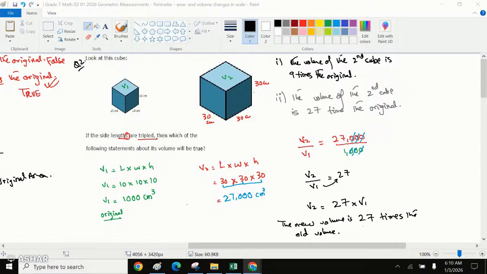Volume 2 compared with volume 1 comes out to be 27 times, right? So the volume of the second cube is 27 times the original. This second statement is true and this is false. We don't have to define false, but we are just writing false so that we know which statement is true and which is false.